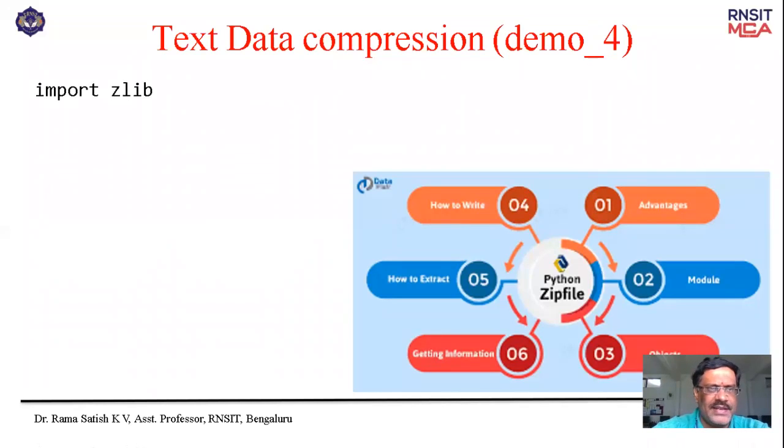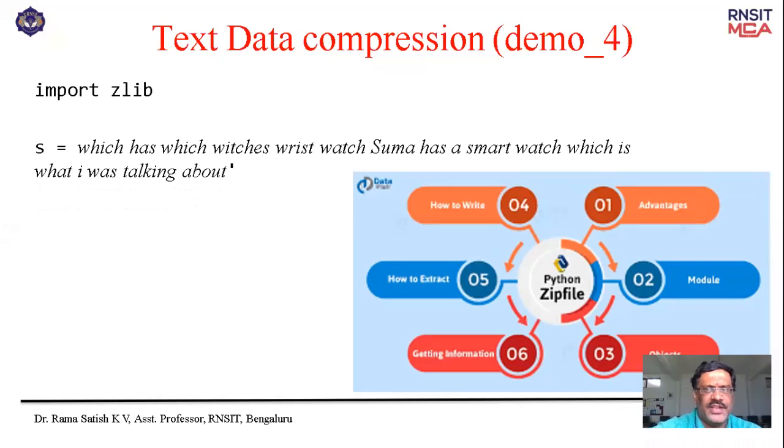Let us see zlib. Import zlib. You are importing zlib. Next, you write a string. Actually it is a string. Due to a typo, one quote is missing, so I'll write one quote here.